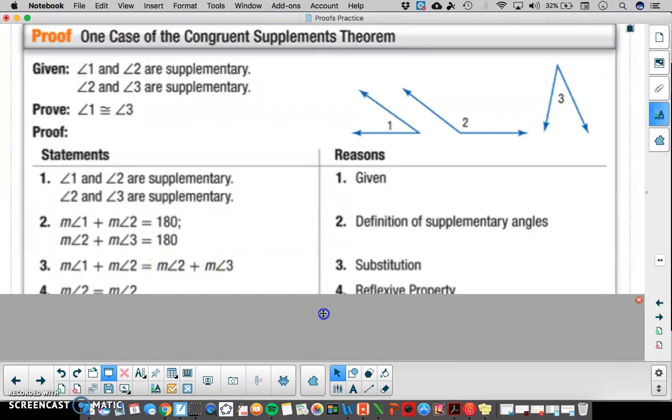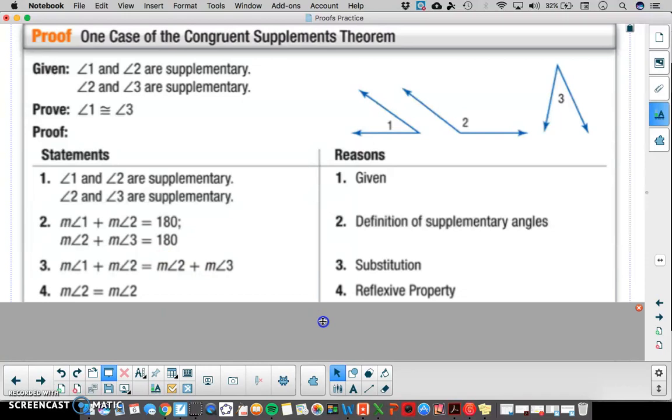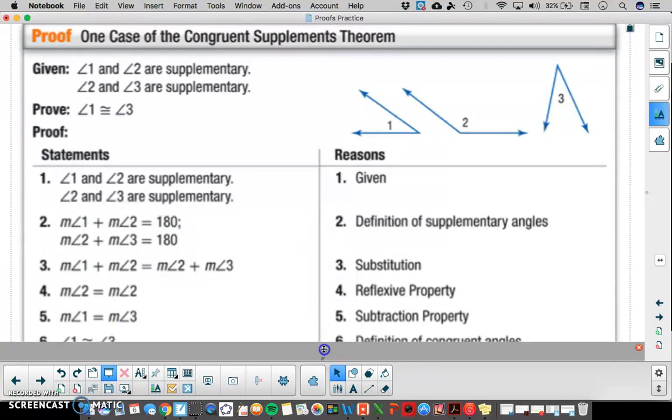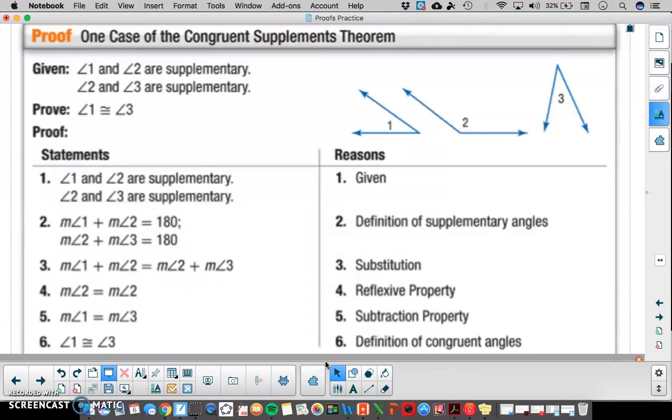We can actually subtract that angle out from both sides, and we're left with the measure of angle 1 is equal to the measure of angle 3 by that subtraction. Because now the measure of angle 1 is equal to the measure of angle 3, we know those angles are therefore congruent because of the definition of congruence.